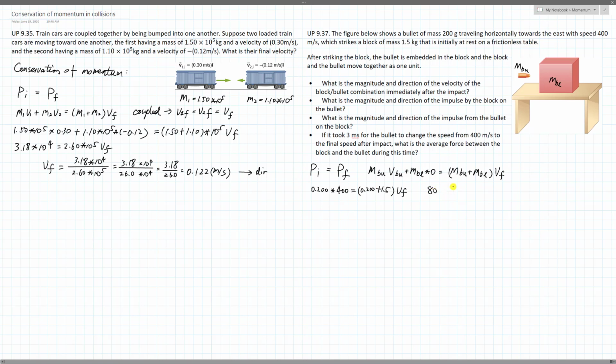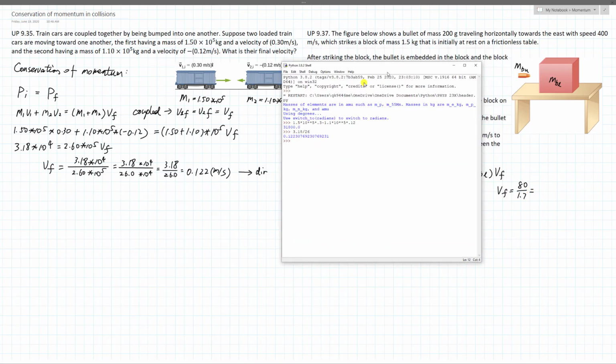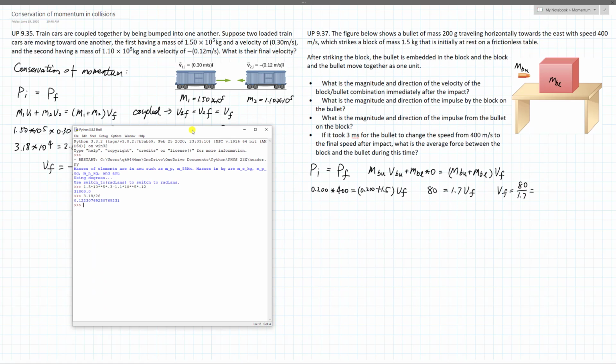So 80 equals 1.7 V final, so we can easily solve V final, which is 80 over 1.7, and let's call up our calculator. So 80 over 1.7, that gives us 47.1.